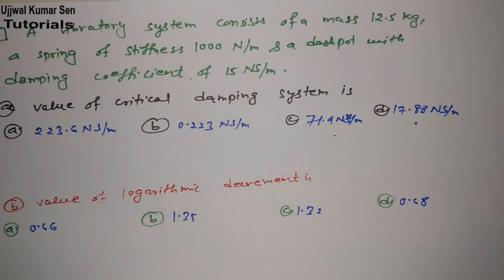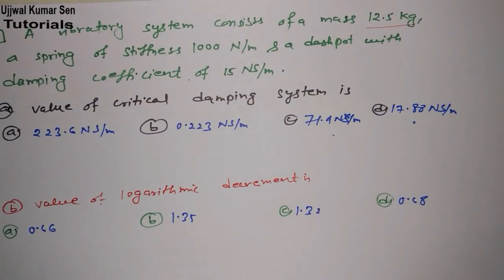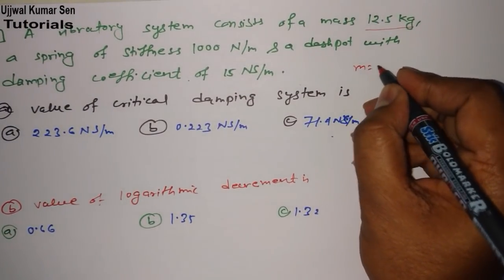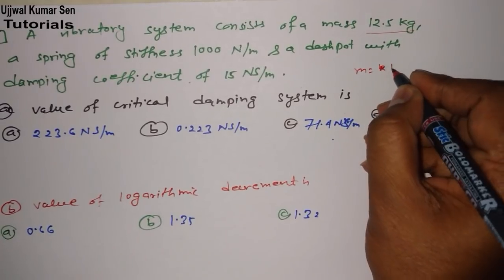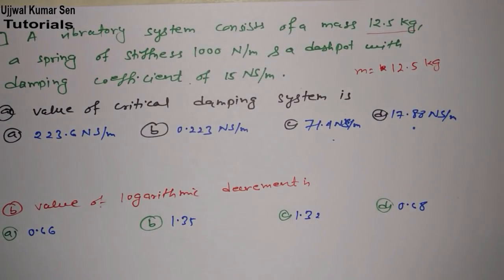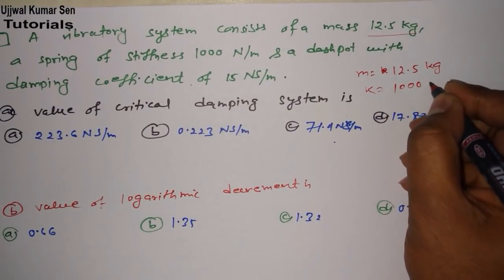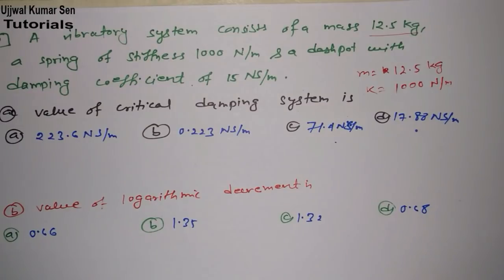So in this problem, what is given? They said that a vibratory system consists of a mass. So mass is 12.5 kg, so you must write m is 12.5 kg. A spring of stiffness k is equal to 1000 Newton per meter.